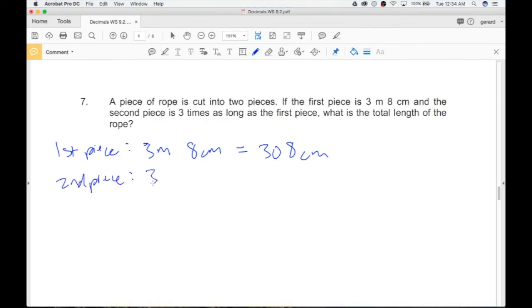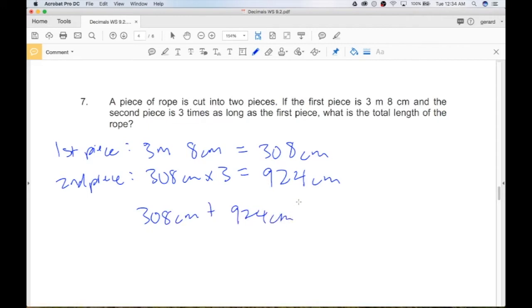It's just basically 308 cm times 3. Now this will give you 924 cm. Please multiply properly. Use your long multiplication as this is paper 1. If you have a calculator, just use your calculator. So what we need to do now, for the total length of the rope, is just add both together. 308 cm plus 924 cm.